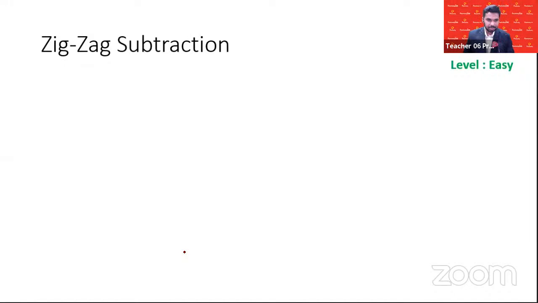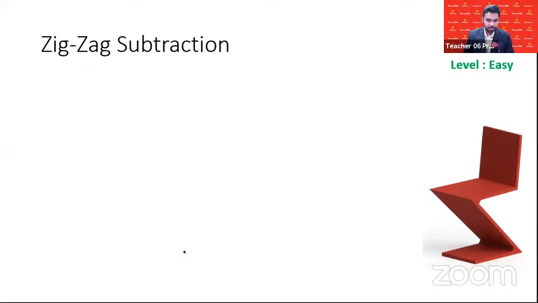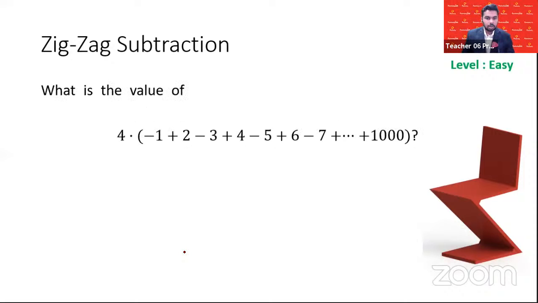The zigzag puzzle is very interesting. You know what zigzag is? It is going here and there. That is what is called a zigzag. Now you have to find out the answer to 4 multiplied by something in brackets, where you have alternating signs of plus and minus.